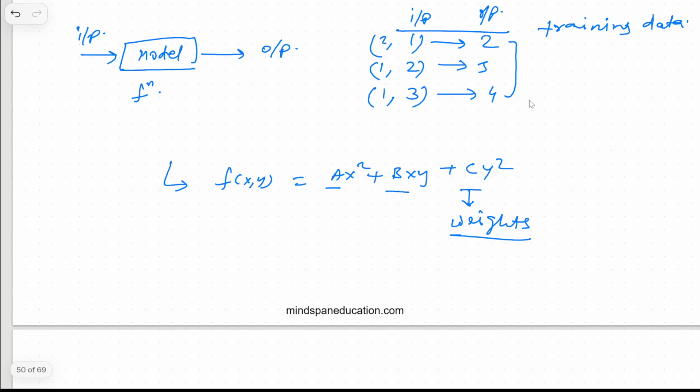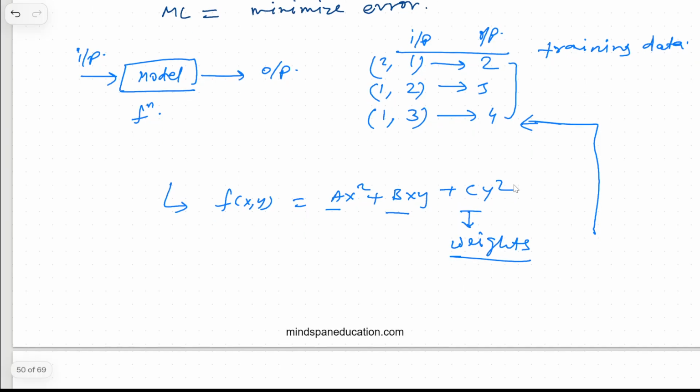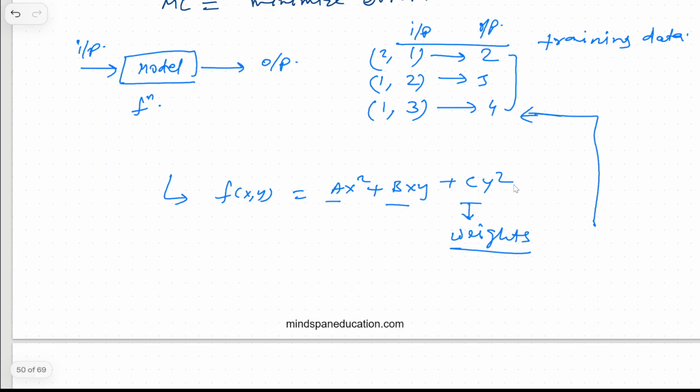And that output should not deviate much from the actual output. If the error is 0, then that will be the ideal model. That means it is giving you exactly the output it's supposed to give. Then there will be 0 error.